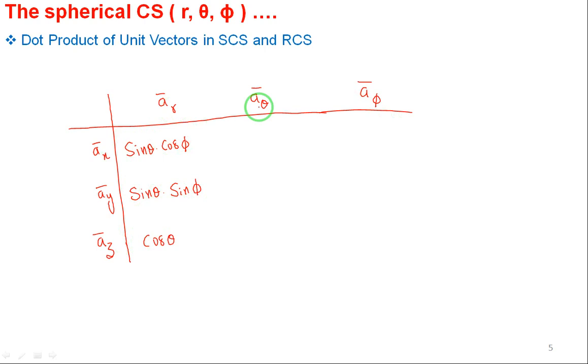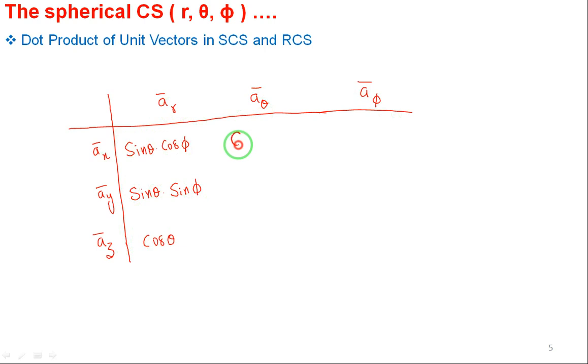How to fill the second column, I am telling. Next, how to fill the second column, ax dot a theta. I want to fill the a theta column, so take derivative with respect to theta.